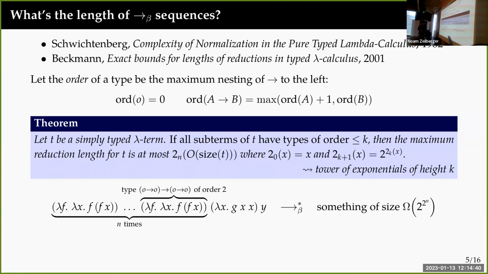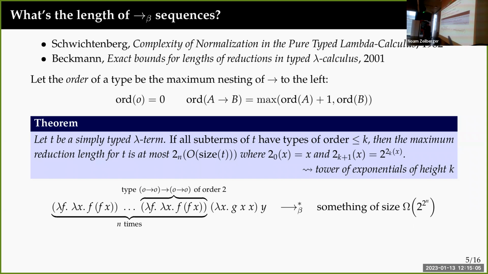Something which basically duplicates that argument, right? So you get 2 to the n. Here I'm talking about the size of the resulting term, but if you think about it a little bit, you can also see that you can exhibit a long reduction sequence of this order. So you see that you match the bound for order 2, and this is actually optimal.